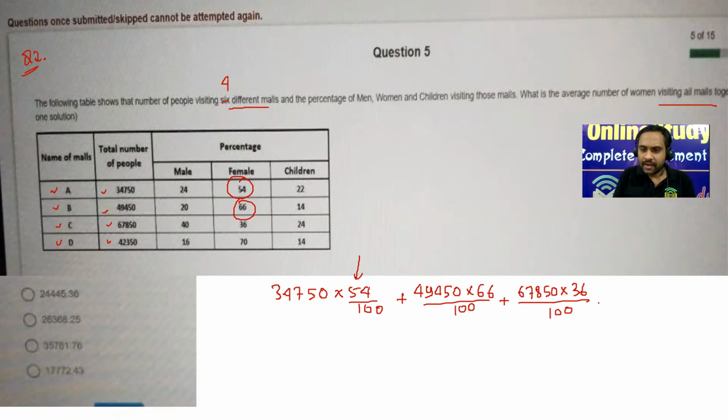Agreed? Okay, and plus 42,350, and here 70% women, right? Divided by 100.